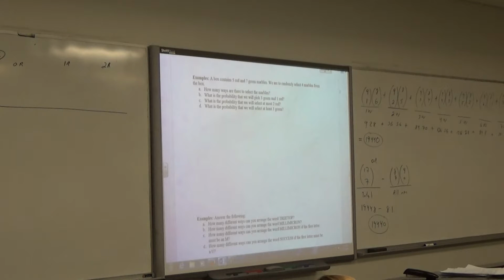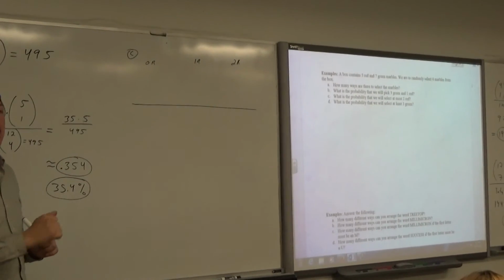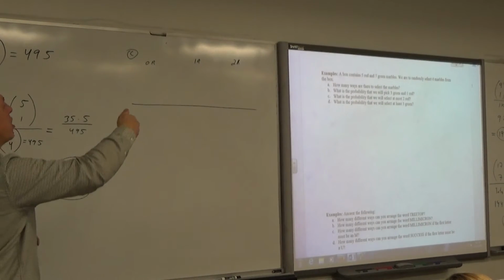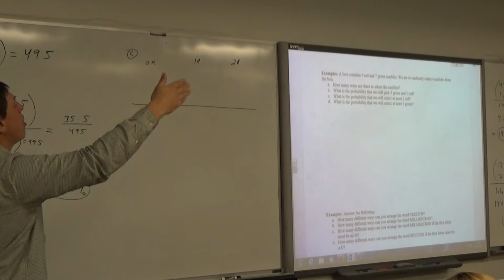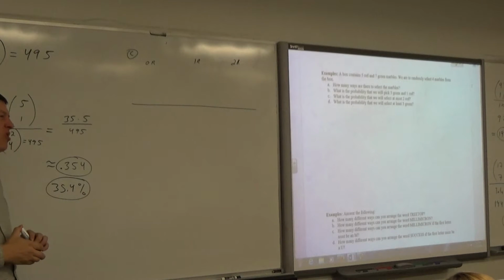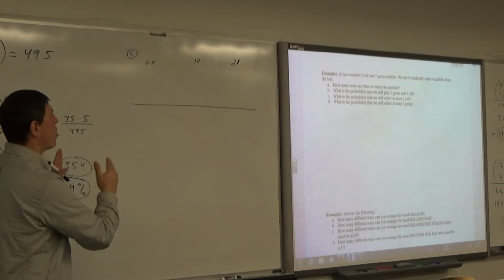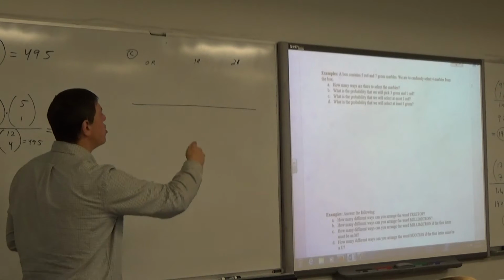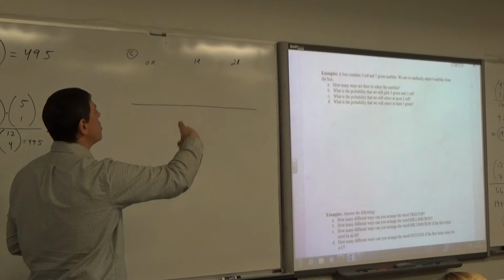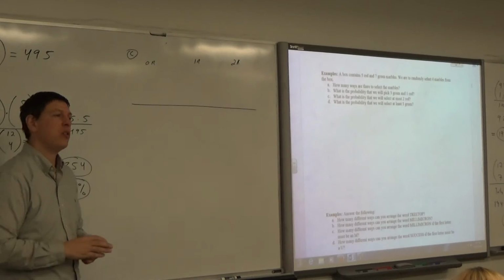No, not possible, right? So when you see the words at most, you start at 0 and then you go up. If you see at least, you start at that number and then you just keep going up to the maximum. Okay, so does that make sense to everybody, guys? Okay, at most means you start at 0. At least means you start at whatever the given value is, and then you just keep going up to whatever the max is.